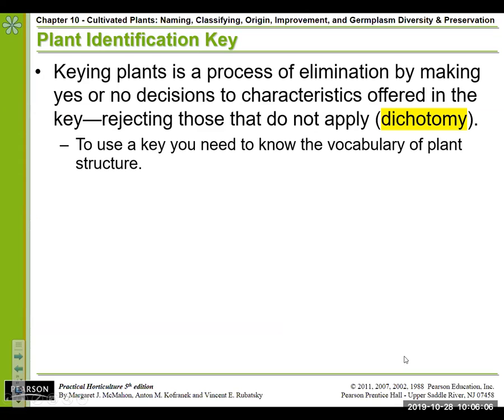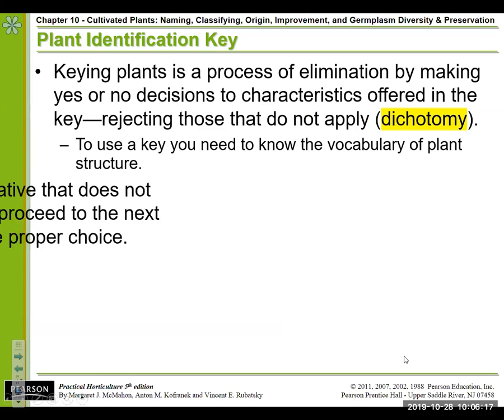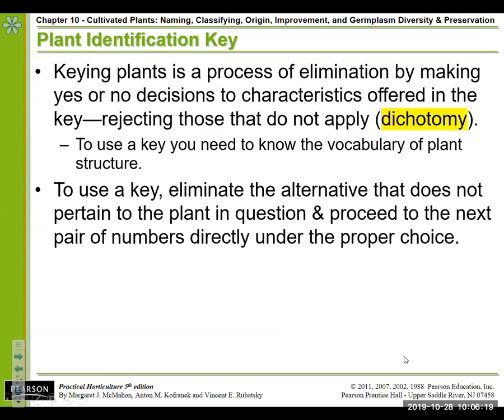It branches off into 2 choices. To be able to use the keys very well, you often have to know some of the vocabulary, the botanical words of the plant structure. It's kind of like choose your own adventure for plants. We're basically going to eliminate the alternative that does not apply.